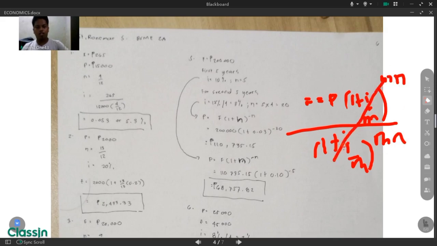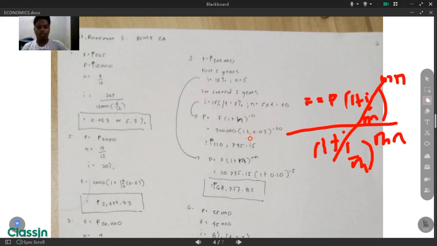Following the rule of exponents, if it is raised from the denominator, it will become negative. Hence we have P equals F times 1 plus I over M to the power of negative M N.